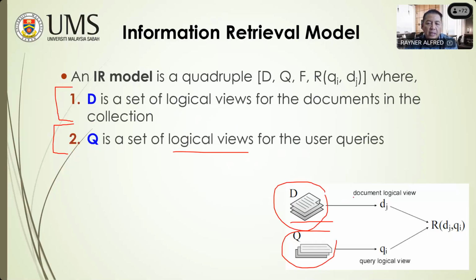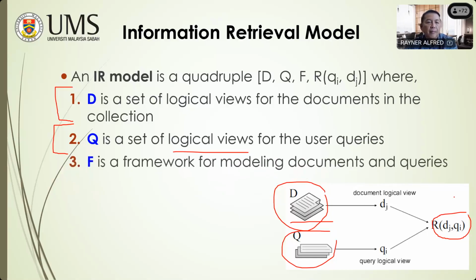So when we have these two, we must be able to find the distance between these two, but we need to have the function to quantify the similarity. So we need to have the F. Okay. And lastly is the ranking function.